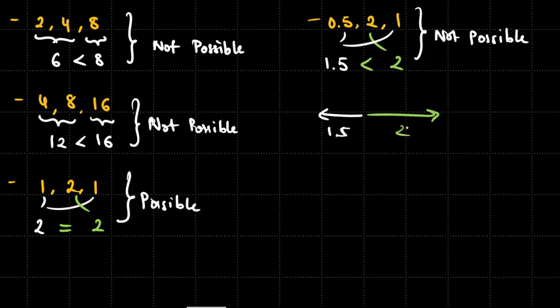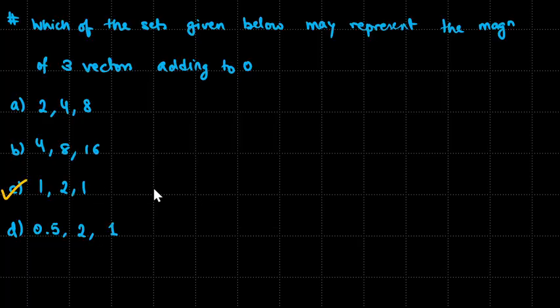So even if they are acting exactly opposite from each other, there is always going to be a case where this vector is going to dominate, which means there will not be any case where there will be 0. But in the other case, the maximum is 2. So if they are exactly in opposite direction and the two smaller vectors lead to a resultant having a magnitude of 2, the net resultant leads to being 0. That's why this is possible, which means this is our answer in this case.